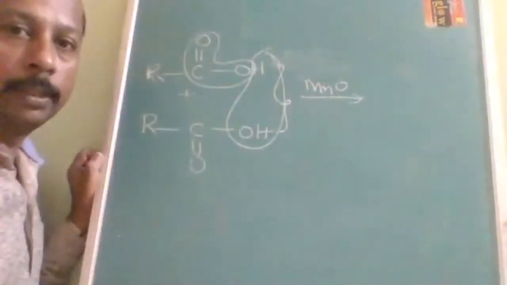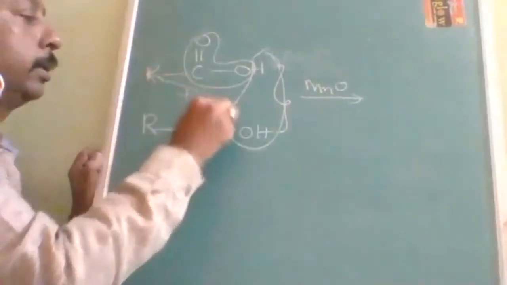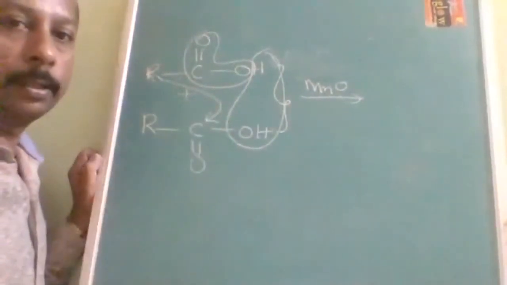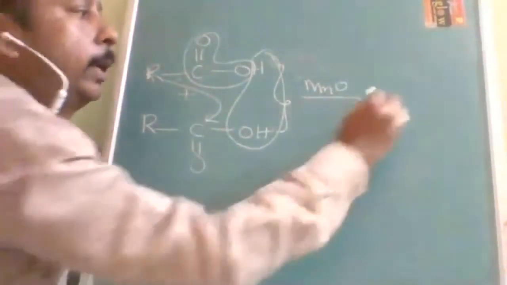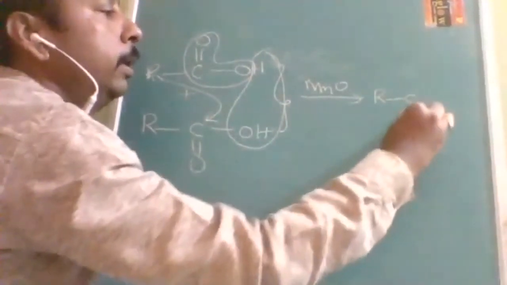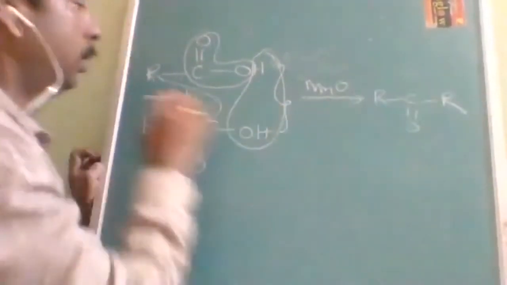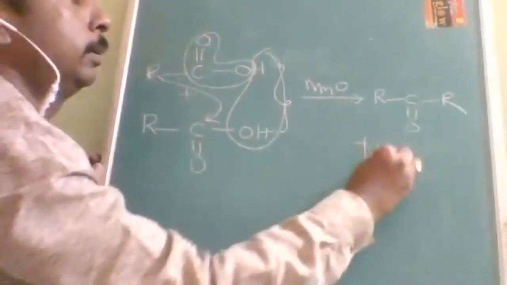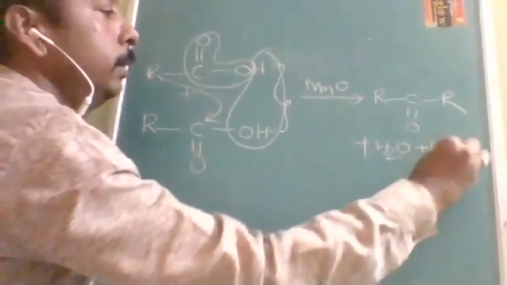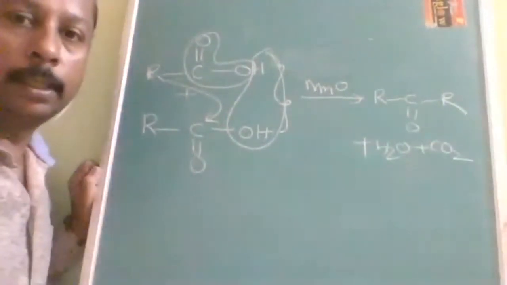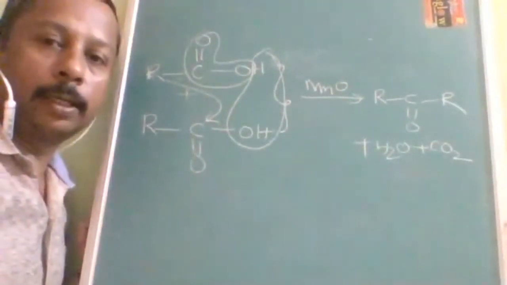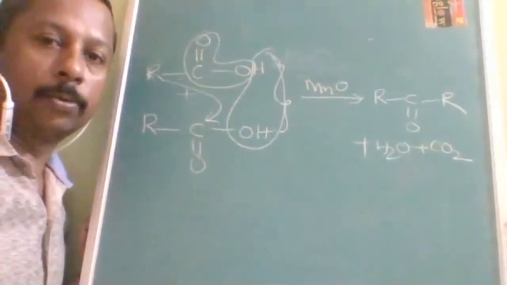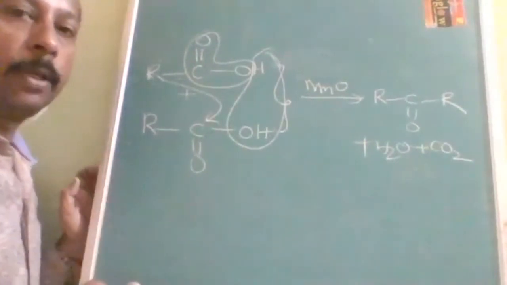Then this acid's alkyl group is going to be attached here. So RC double bond OR plus H2O plus CO2. As a formula, you can use it.